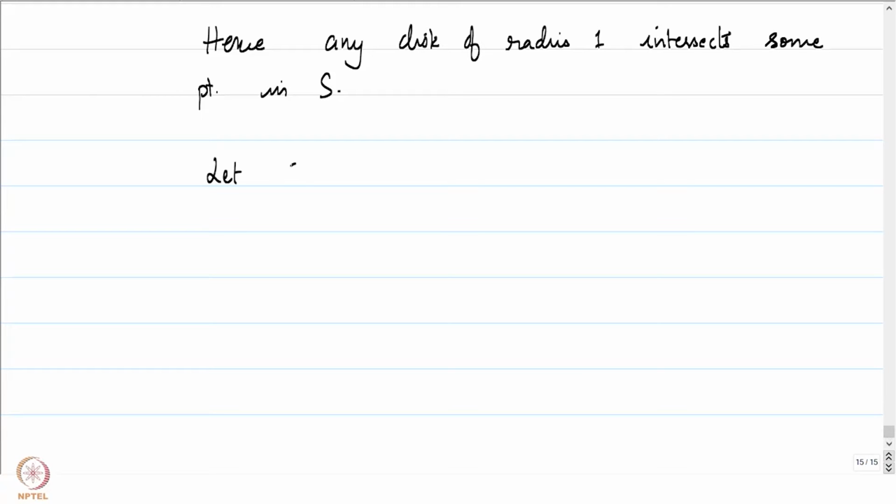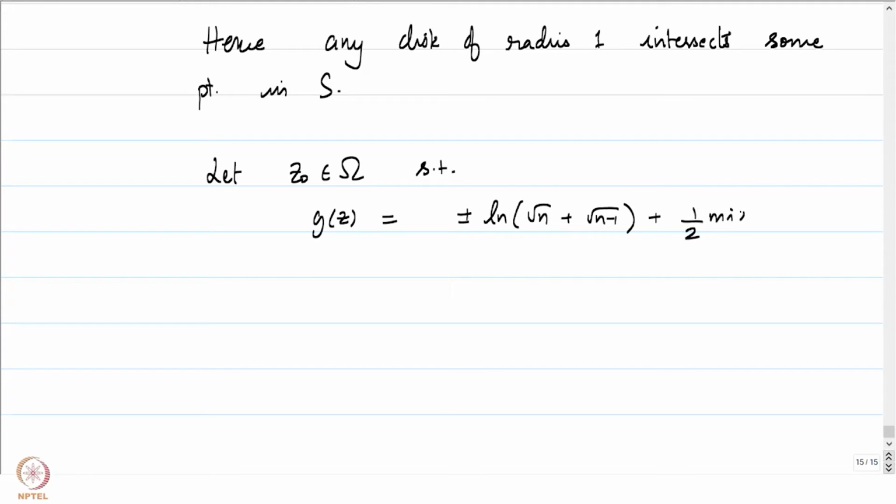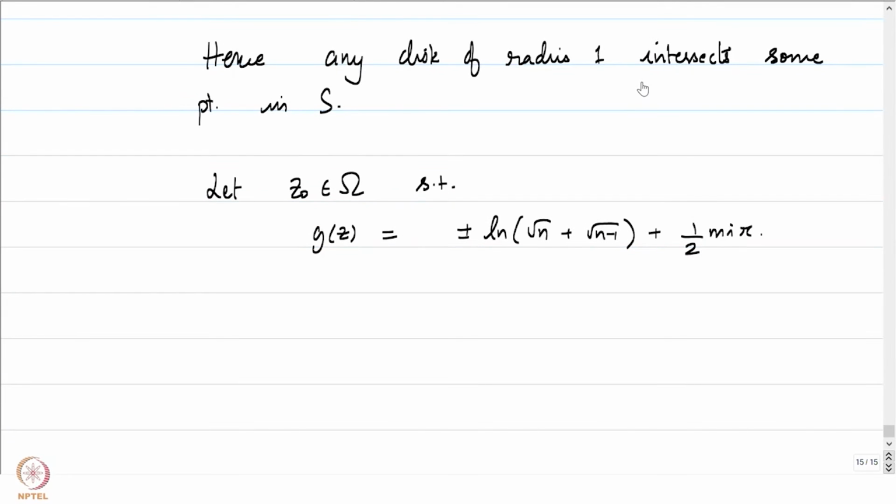Let z0 be some point in omega such that g of z0 is equal to plus or minus log of square root of n plus square root of n minus 1, plus half m i pi. We know that f of z is equal to minus the exponential of i pi times cosh 2g of z.